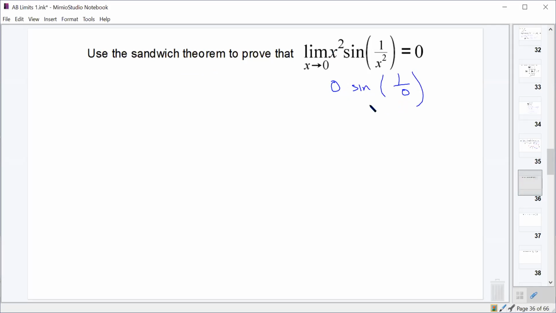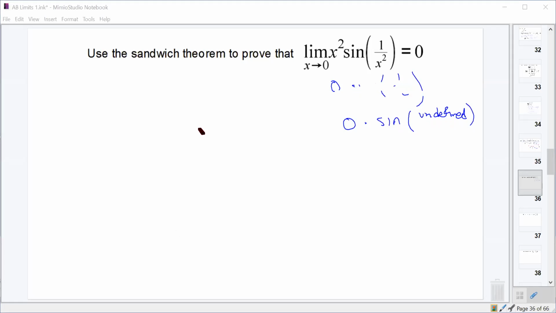Didn't need the sandwich theorem? I wish that was true. But this is 0 times the sine of something that is undefined. And the sine of something that's undefined would be something that's undefined. And 0 times something that's undefined is unfortunately not just 0.